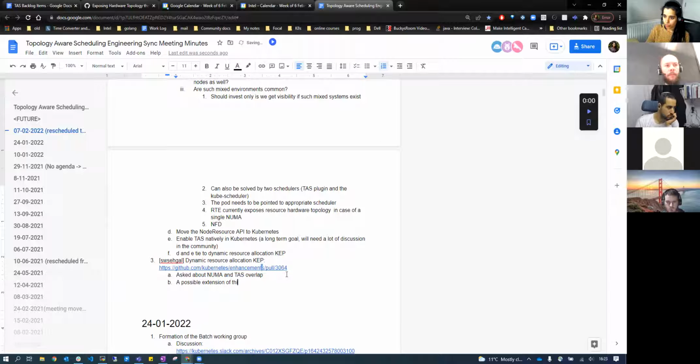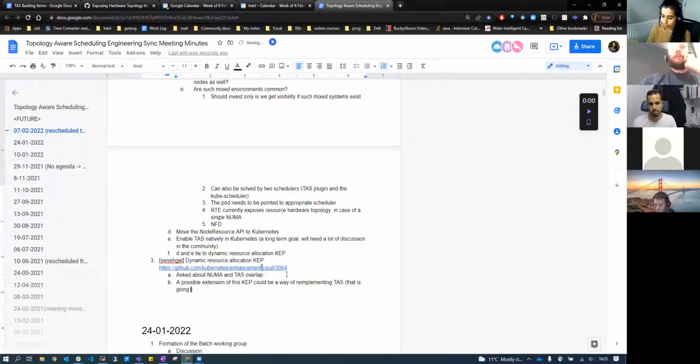But that will be a re-implementation, not like, hey, it used to be node resource topology, now it is dynamic resource, and everything stays unchanged. No, changes will be needed because the proposal changes the way the resources are allocated and accounted significantly.